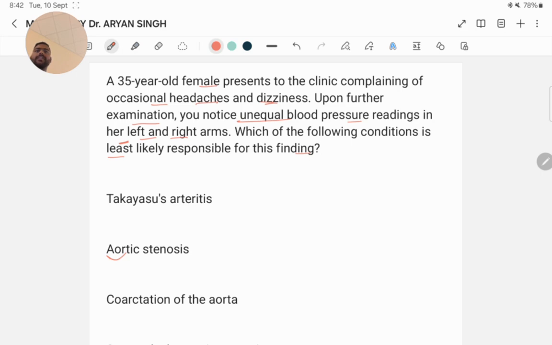Takayasu arteritis, coarctation of the aorta and supravalvular aortic stenosis are all known causes of this phenomenon due to arterial narrowing or inflammation. However, aortic stenosis primarily affects the outflow tract of the heart and is least likely to result in unequal blood pressure reading in the arms.